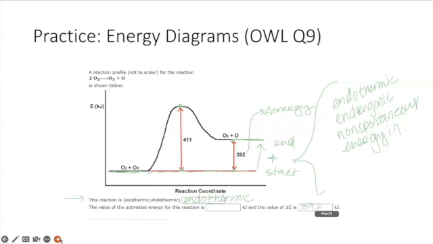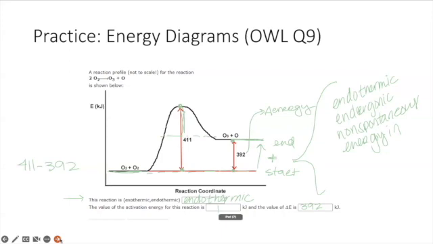But our activation energy is that little bit of energy it takes to get to the hump and get over the hump. Here in this specific diagram, it doesn't give us a direct activation energy, but we can solve for it by subtracting the 411 from the 392.